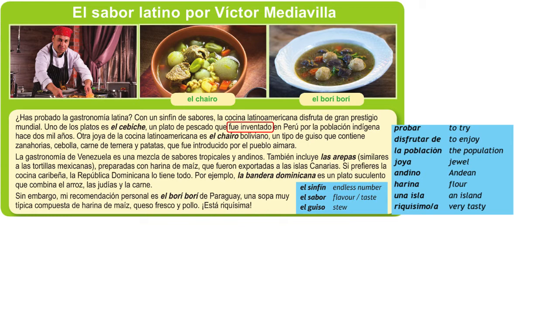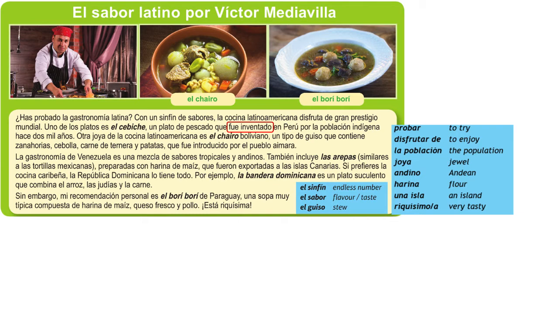Okay, next. Fue inventado. Now this is the passive. You don't need to be able to form it, but you need to be able to recognise it. It's fairly straightforward because it follows the same pattern as English. So here we've got un plato de pescado que fue inventado. So that ado ending is the same as our ed ending.